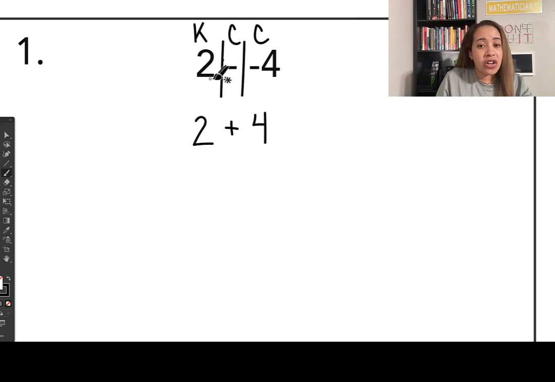So I have turned my subtraction problem into an addition problem. This addition problem looks like something I'm very familiar with. We already know that 2 plus 4 gives us 6, so we do not have to think through all of those steps. We can be very confident in our final answer. So our final answer is 6.